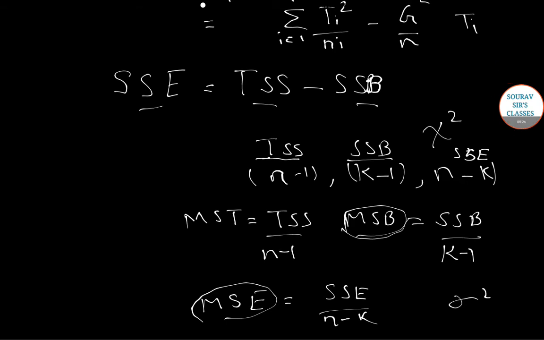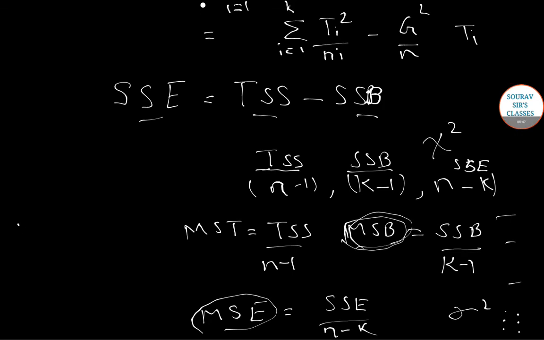But if the variation among the means of respective samples is large, then this MSB is expected to be large. On the other hand, if the variation among the components of the same sample is large, then MSE will be large.